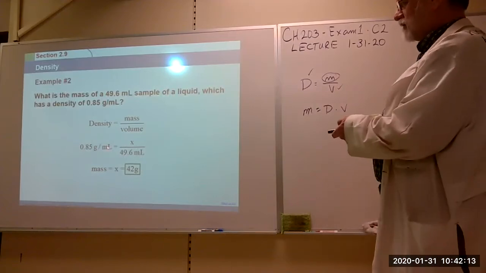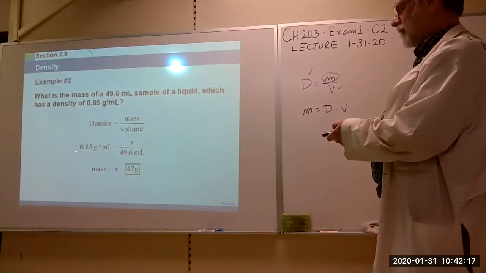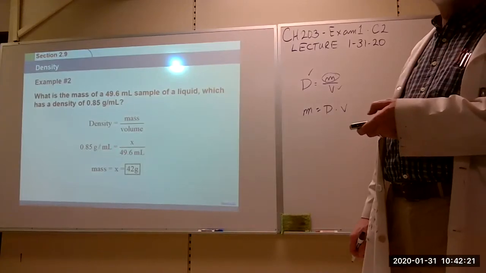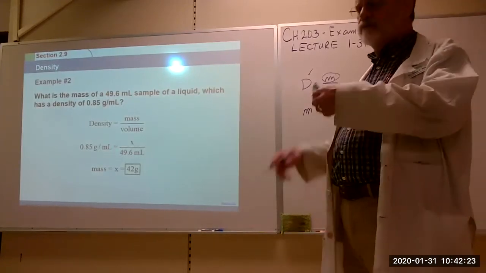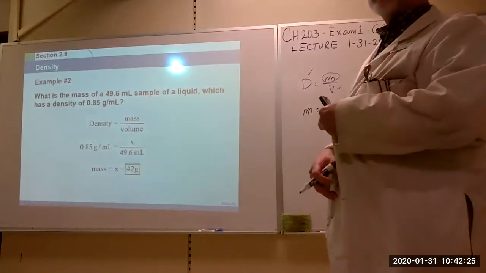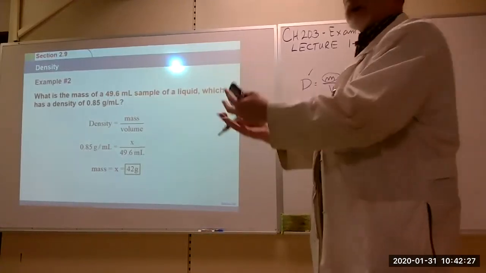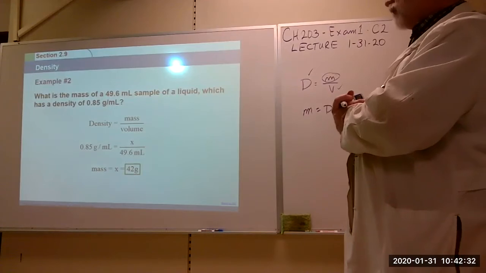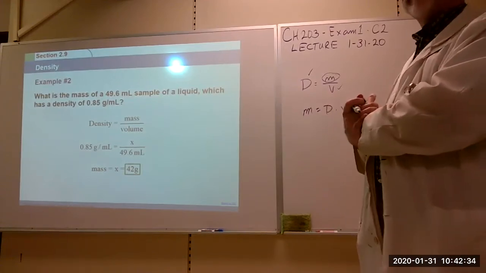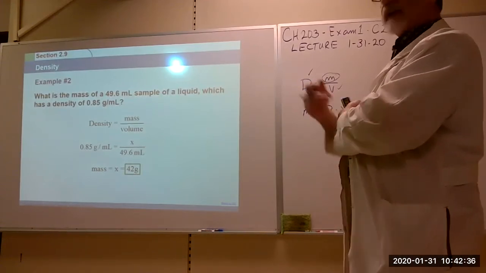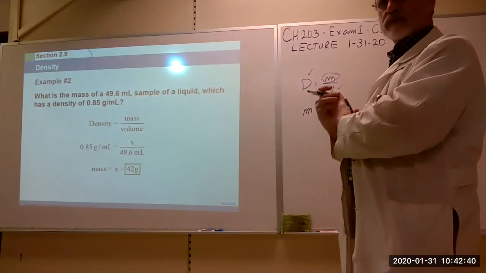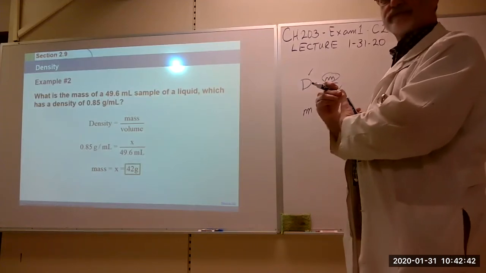Now, will this one float? That liquid? No. It's less than 1, right? Anything less than 1 will float in water. I should have been more specific. Float in what? Float in water. Definitely float in mercury. I think that solid mineral before will float in mercury, because mercury density is over 10 or 11.